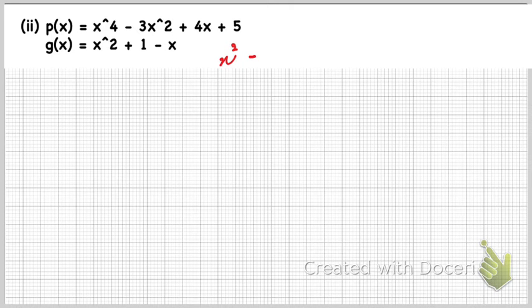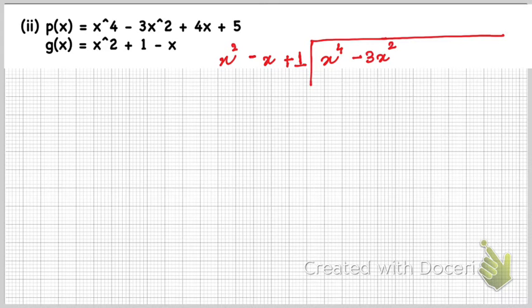First, what I will do is write it in ascending order of the power of its exponents. Here I have written x to the power 4 minus 3x square as px. This is already arranged in ascending order of its power, 5. I have written it like this.